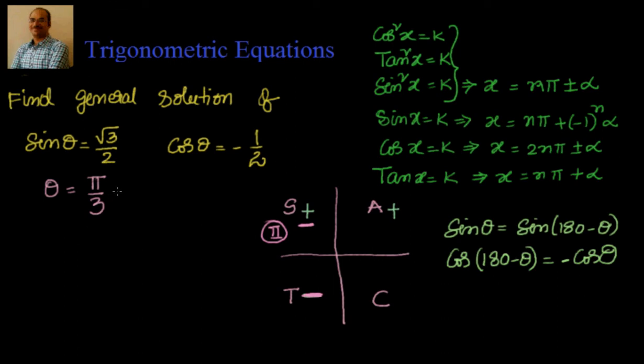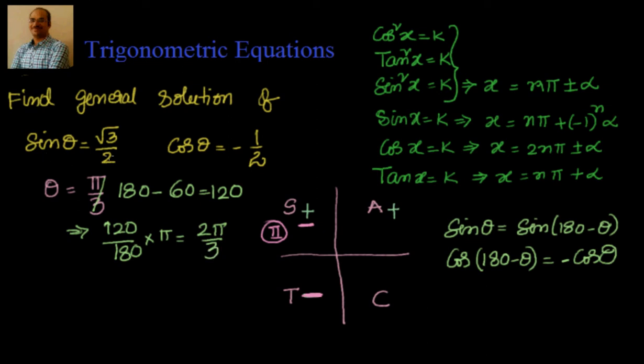So theta is not equal to pi by 3 actually. Theta is equal to 180 minus 60 degrees, that is 120 degrees, which is nothing but 120 by 180 into pi, 2 pi by 3.